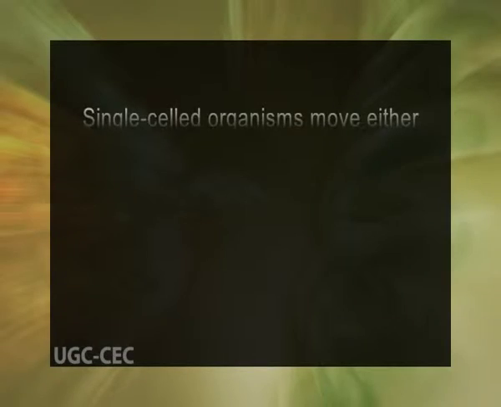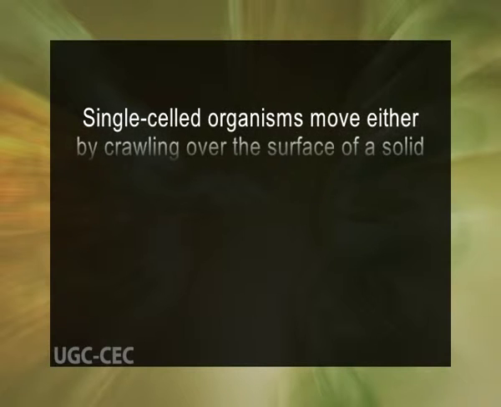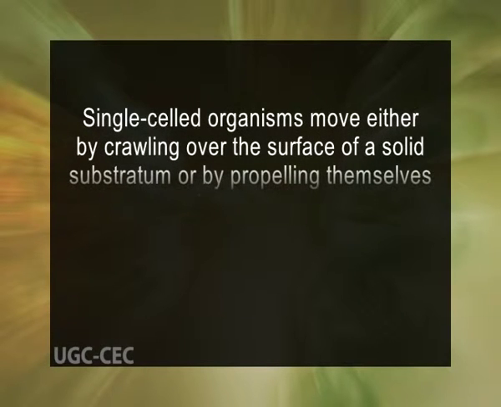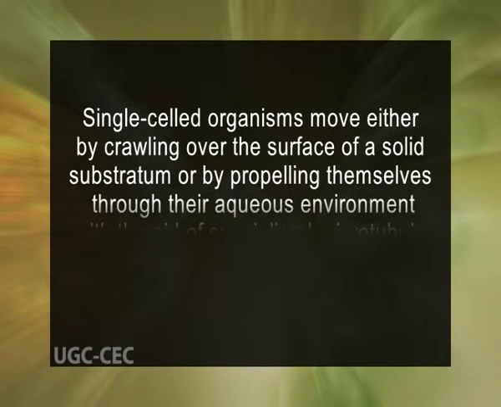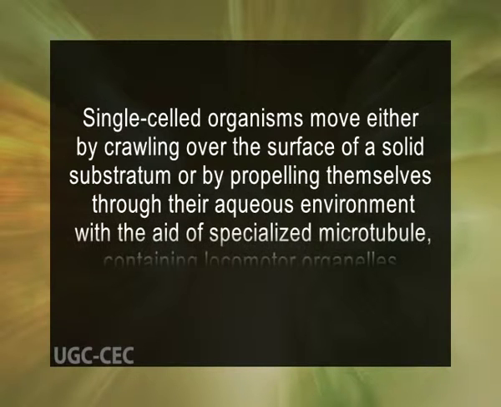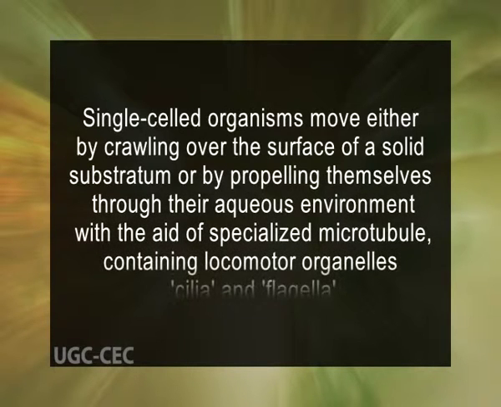Single-celled organisms move either by crawling over the surface of a solid substratum or by propelling themselves through their aqueous environment with the aid of specialized microtubule containing locomotor organelles, cilia, and flagella. Multicellular animals have a variety of cells that are capable of independent locomotion.